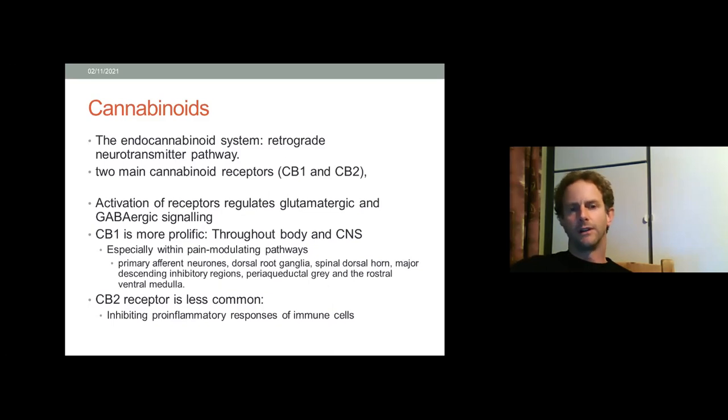The CB1 receptor is also linked to pretty much every G protein coupled receptor you've ever heard of, including opioid, serotonin, muscarinic, dopaminergic receptors, and there's some sort of allosteric modulation of these receptors, but they're not entirely sure what the mechanism is or how they work.